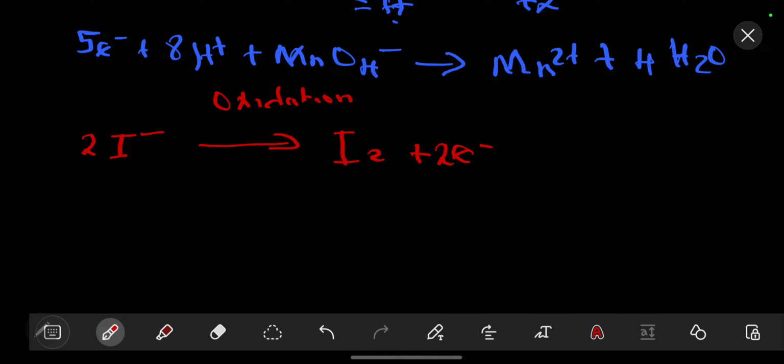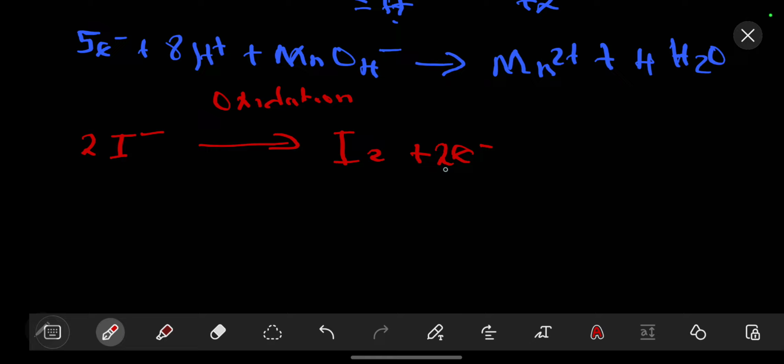You can verify that this is oxidation because of the position of where the electrons are. If they are on the left hand side, it means it's losing electrons, which is true because oxidation is the loss of electrons. So now what we are going to do is interchange the coefficients of electrons.